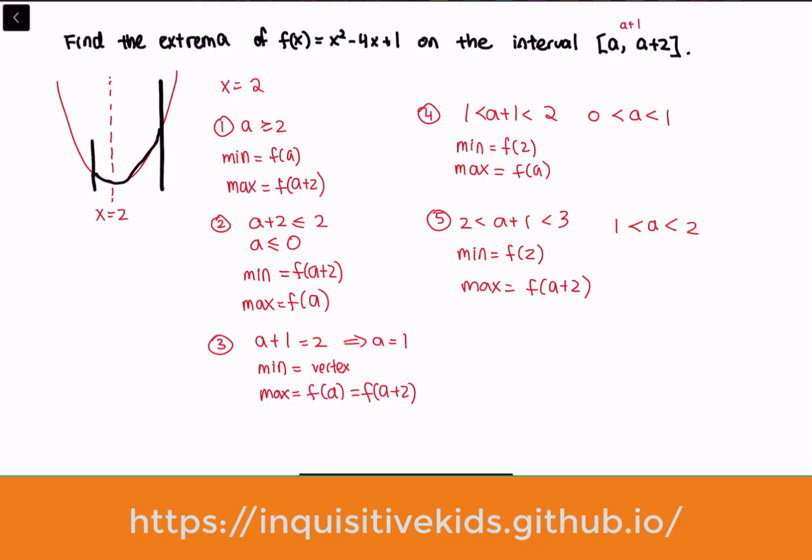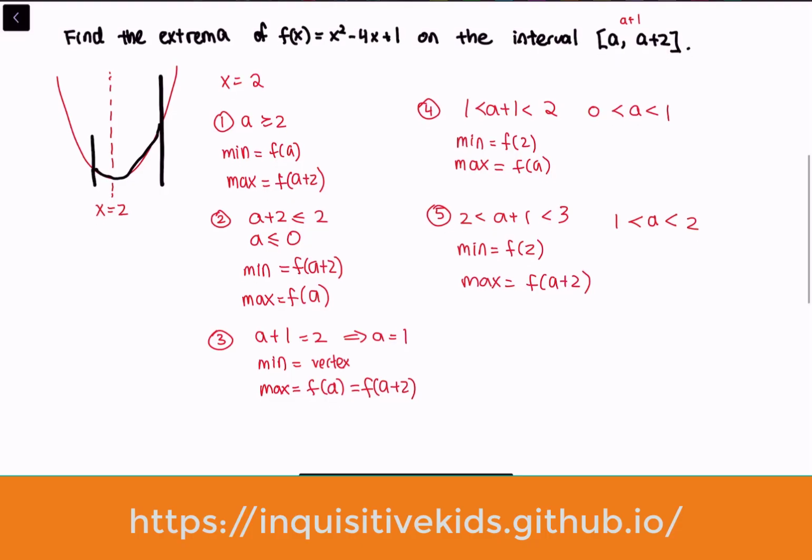Now let's further simplify. f of a is equal to a squared plus 4a plus 1. f of a plus 2 is equal to a plus 2 squared minus 4 times a plus 2 plus 1. This is equal to a squared plus 4a plus 4 minus 4a minus 8 plus 1.